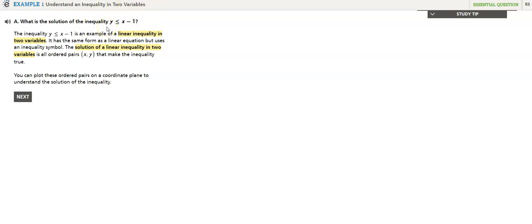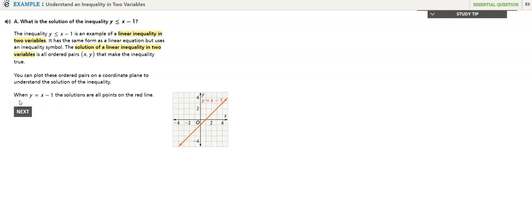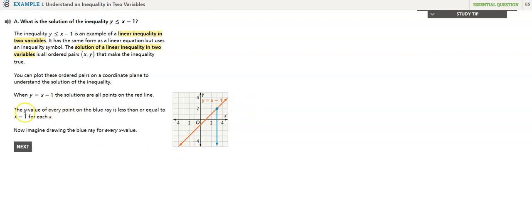But that's a lot of answers. So we can't just say it's this one answer. We have to actually use a graph to adequately show all of the possible solutions that are true. So when y equals x minus 1, you would have this line right here. The y value of every point on the blue ray is less than or equal to x minus 1.